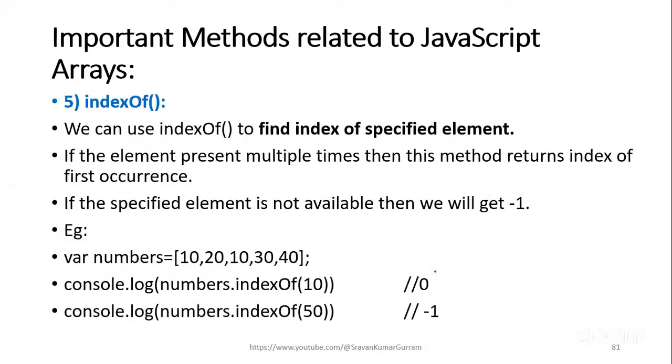Next, indexOf. By reading that word, you can understand the purpose of indexOf. This method is used to find the index of a particular element. We need to pass one element as an argument for this method, and this method is going to find at which position, at which index that particular element is available in the given array.